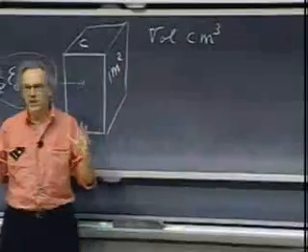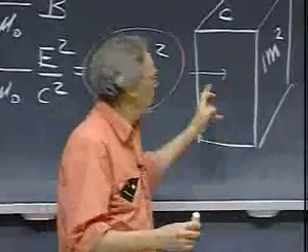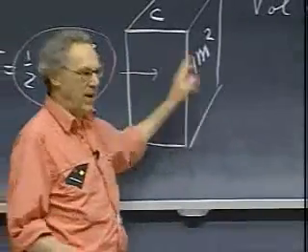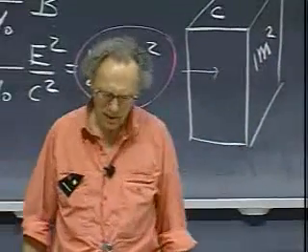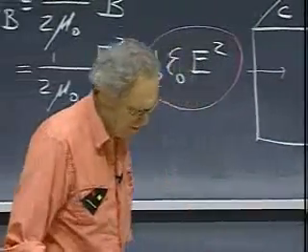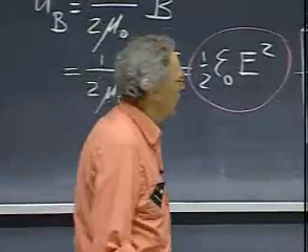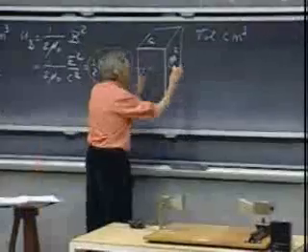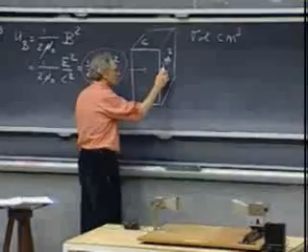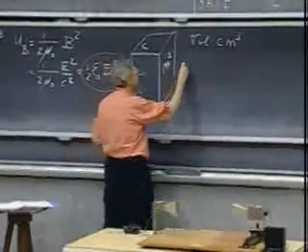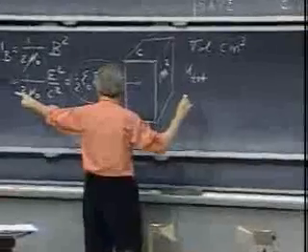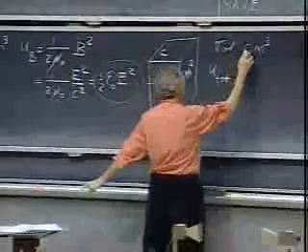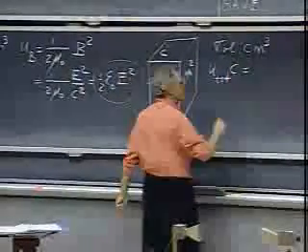And all the energy in that box is going to come out here in 1 second, because I know that electromagnetic waves move with the speed of light, which is c. And so therefore, the energy that comes out here per square meter per second is that U total there that I have, which is the amount of energy for every cubic meter, but I have so many cubic meters.